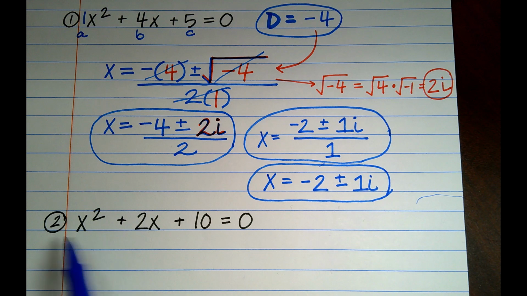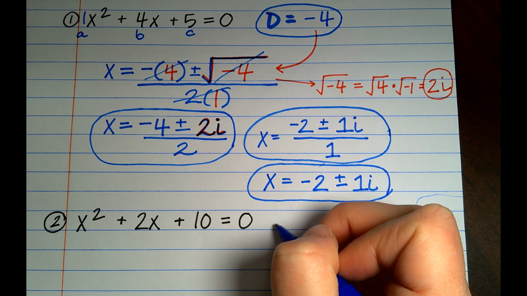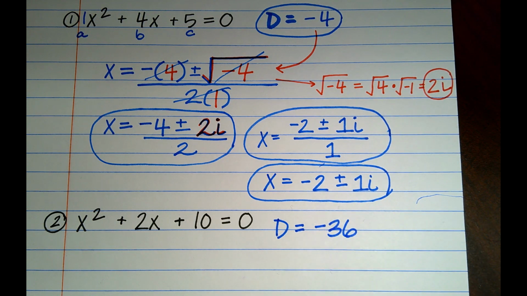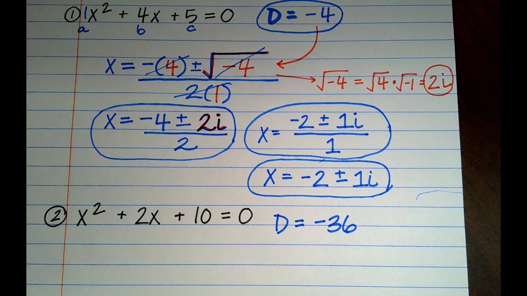And on the do now, what was the discriminant that we found for number 2? Negative 36. Perfect. So our discriminant was negative 36.